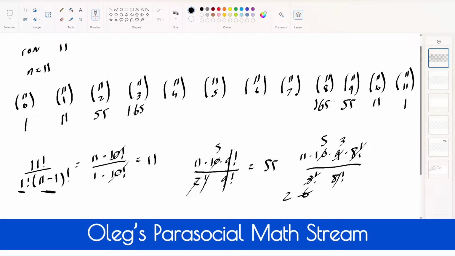Next, we have 11 times 10 times 9 times 8 times 7 factorial over 7 factorial times 4 times 3 times 2 times 1.